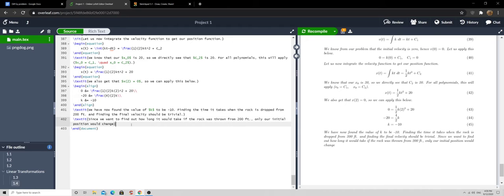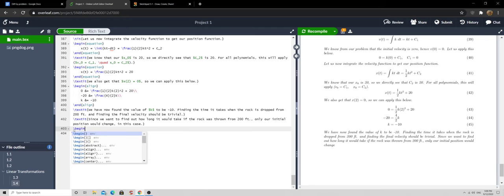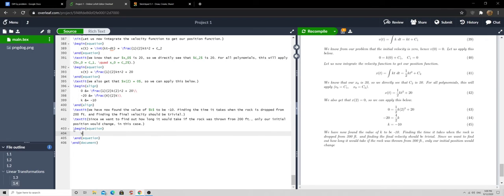Since we want to find out how long it would take if the rock was thrown from 200 feet, only our initial position will change in this case. Okay, so we just have, let's just cut this, Control X, equation simple enough.